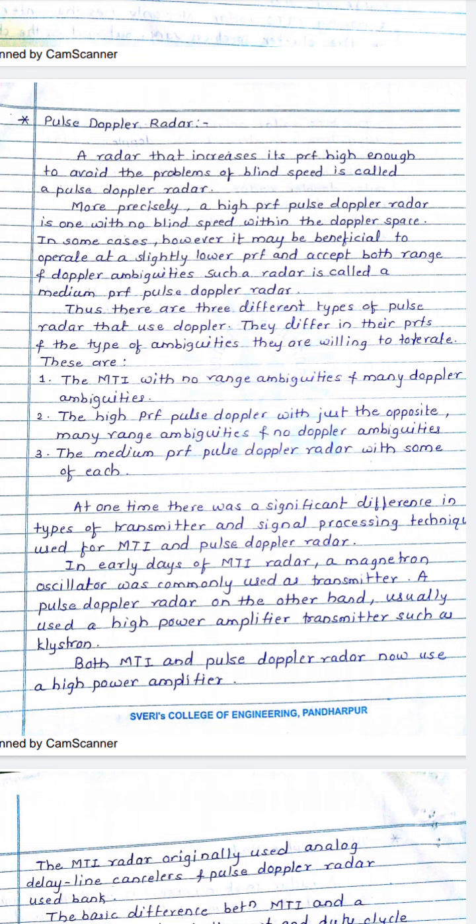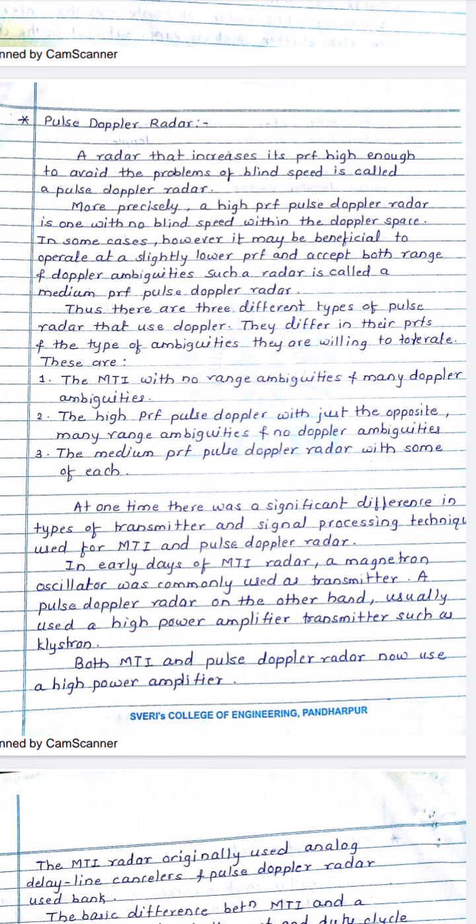A radar that increases its PRF high enough to avoid the problems of blind speed is called a pulse Doppler radar. More precisely, a high PRF pulse Doppler radar is one with no blind speed within the Doppler space.